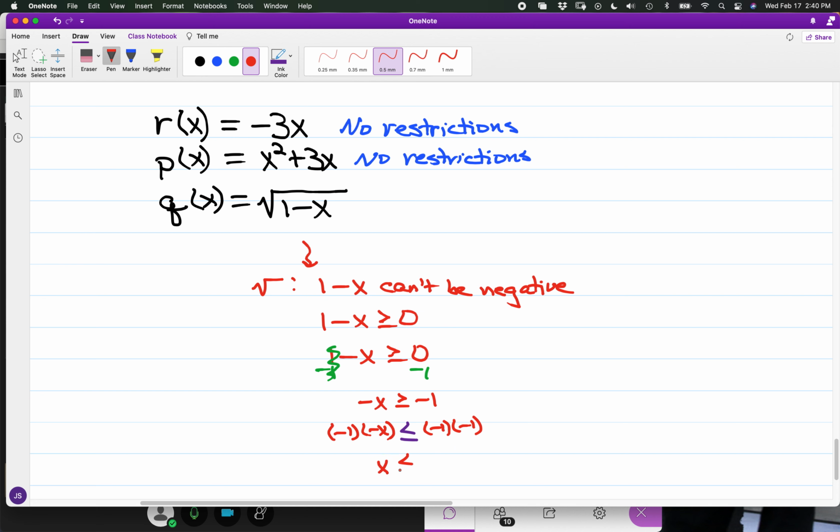All right. So with our restrictions, again, R of x alone has no restrictions, P of x has no restrictions, and for Q of x, the square root of 1 minus x is going to be defined as long as we have x less than or equal to 1.